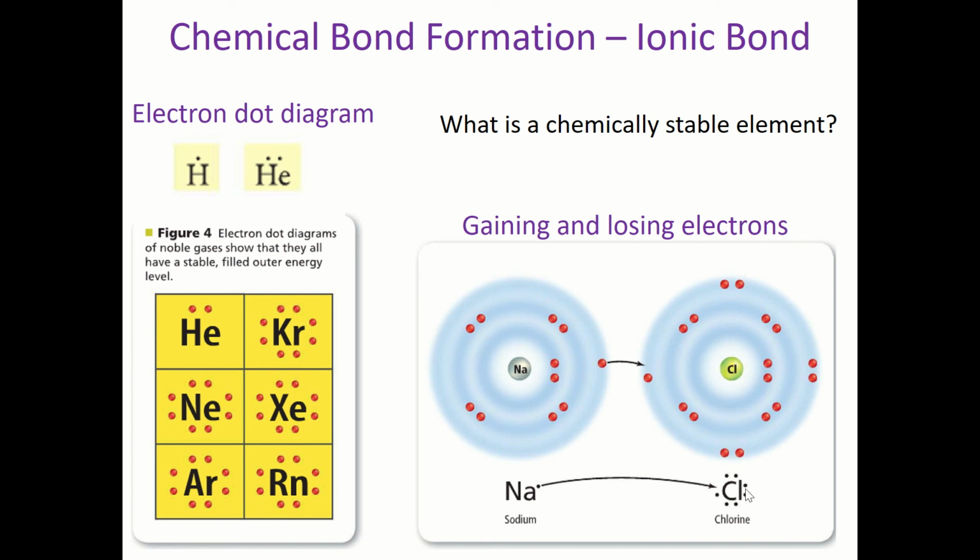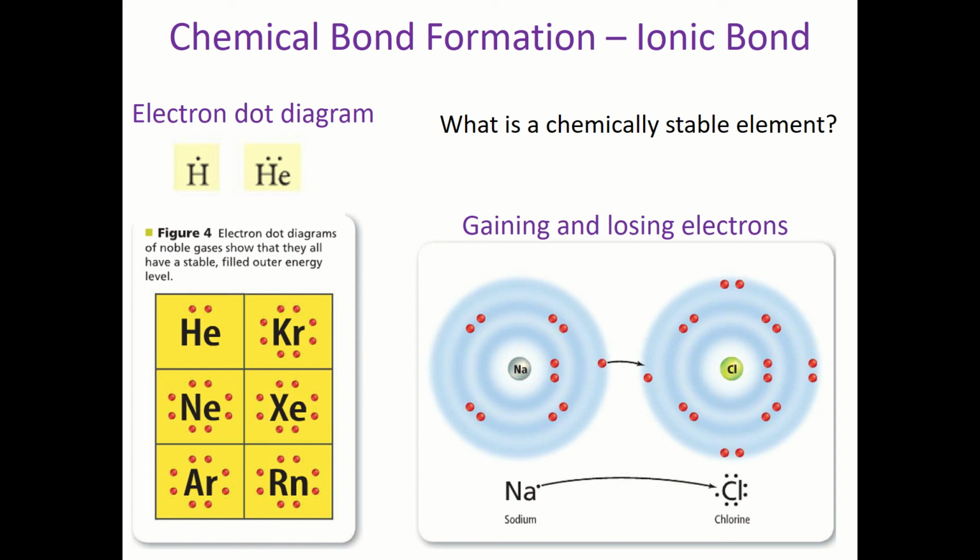Now, when an atom loses 1 electron, it turns into a positive ion, and the other atom gains 1 electron, it becomes a negative ion. And as we know, plus and minus like each other, right? So sodium plus, chlorine minus, they attract and they become sodium chloride, which is NaCl, right?